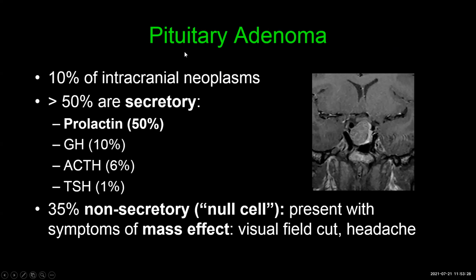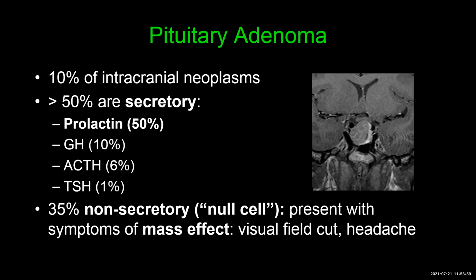All right, so pituitary adenomas are very common. They represent about 10% of tumors within the intracranial compartment. About half of pituitary adenomas will secrete pituitary hormones. And the most common of the hormones to be secreted by a pituitary adenoma is prolactin. So about 50% of pituitary adenomas, these benign tumors, will secrete prolactin.